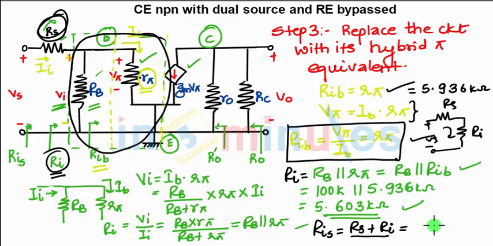So you can find RS plus RI, which will give me RIS, which is 0.5K plus 5.603K, which will give me the value as 6.103 kilo ohms. This is the input resistance seen from the base. Now we go for the output resistance.